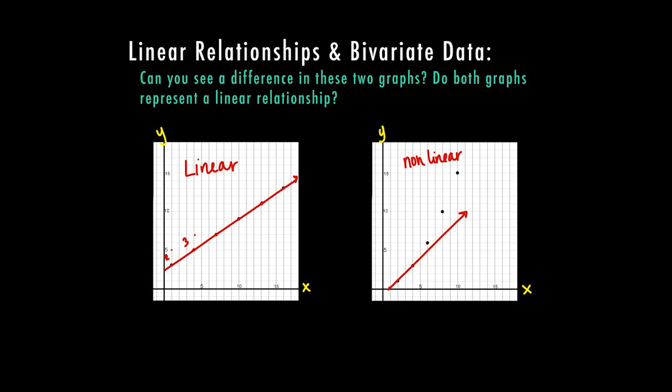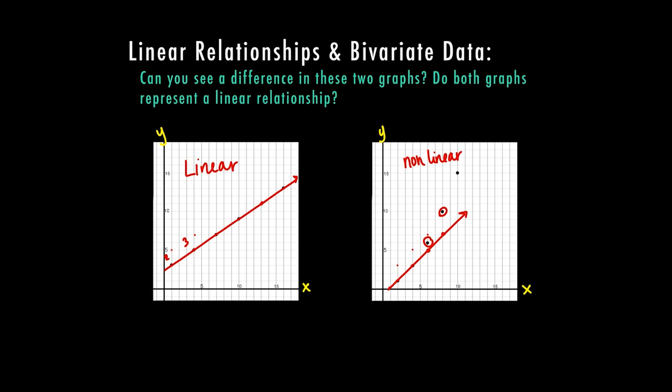But if I do that over here, my first one, I go up 2 over 2, and then if I go up 2 over 2 again, that point is not on my line. And if I went up 2 over 2 again, this point is not on the line either. So this one is non-linear. It is increasing at a different speed. It does not have a consistent slope.